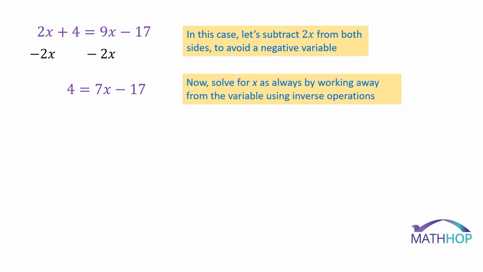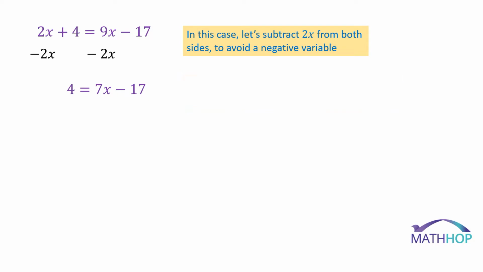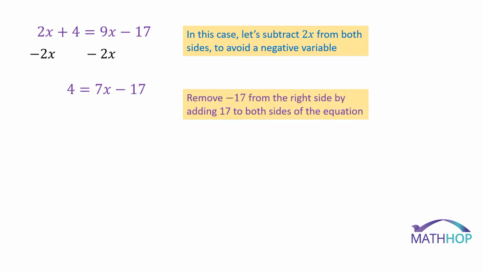Now we just have a two-step equation that we can solve like we always have, by first working outward from the constant, the furthest from the variable, to the coefficient, the closest to the variable. So let's get rid of that negative 17. The opposite of negative 17 is positive 17, so we add 17 to both sides of the equation. When we do that, we get 21 equals 7x.